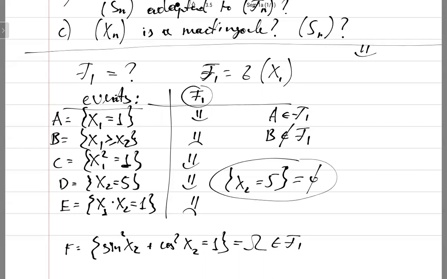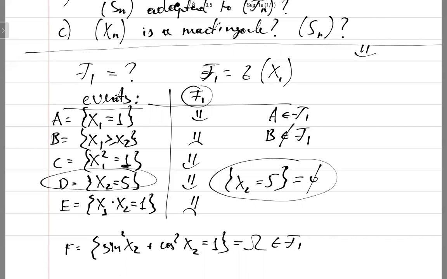I also have enough information to say whether x2 is 5. I will say no, x2 is not equal to 5, even if the time t is 1. My information is sufficient to check whether the event D has happened.